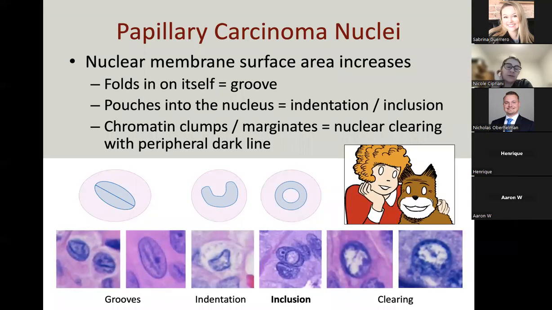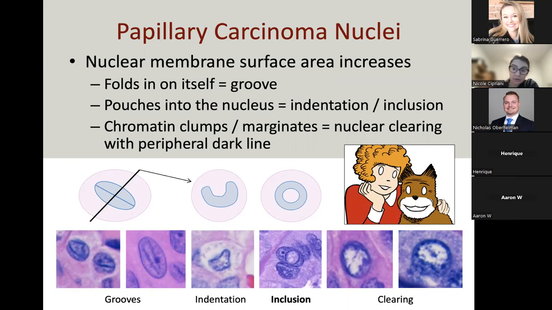I did want to briefly mention why we talk so much about papillary carcinoma nuclei and how they got that way. So there are some theories on how these nuclei developed. One, that the nuclear membrane surface area increases and it doesn't know where to go. So it starts folding in on itself and creating these nuclear grooves or coffee bean shapes. If it grooves very deeply, it can form an indentation in the nucleus.